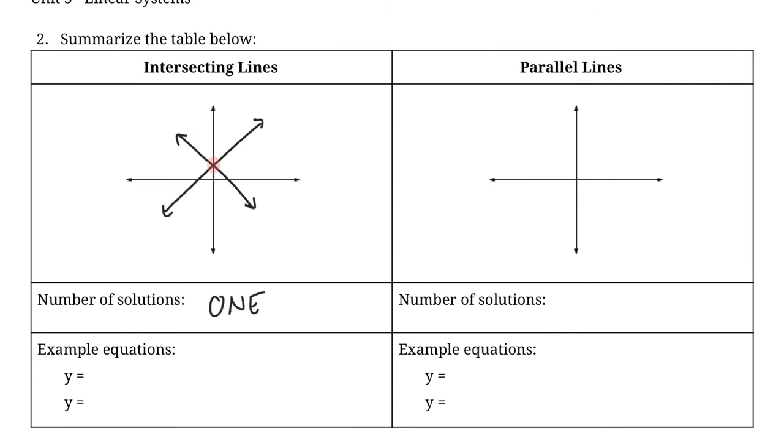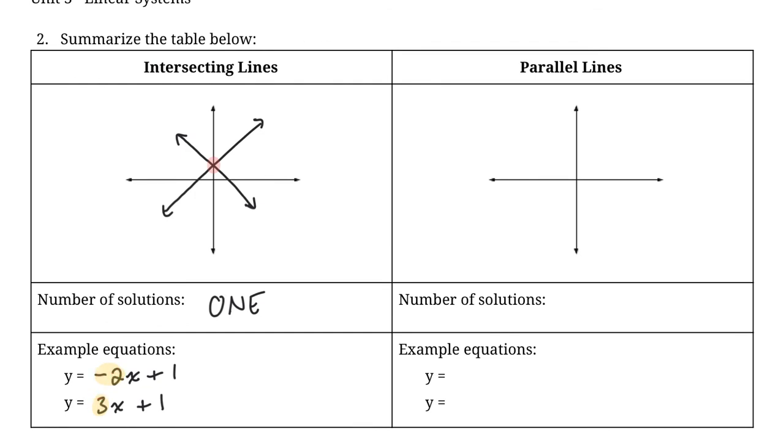So an example of equations that could have a point of intersection could be y equals negative 2x plus 1 and 3x plus 1. And the main thing to point out here is that the slope, that coefficient in front of your x, is going to be different. If you have two lines that intersect, the slope has to be different.